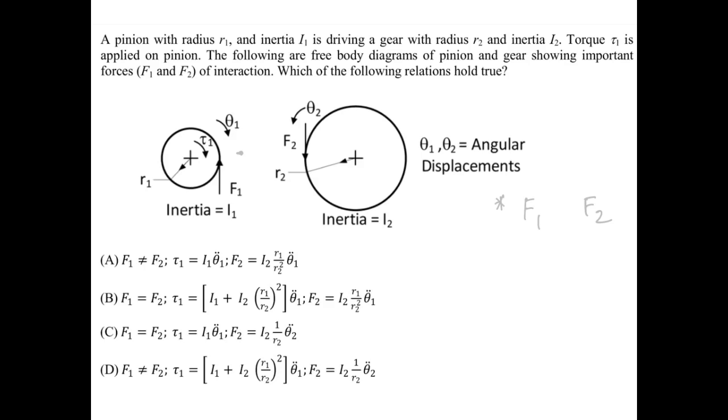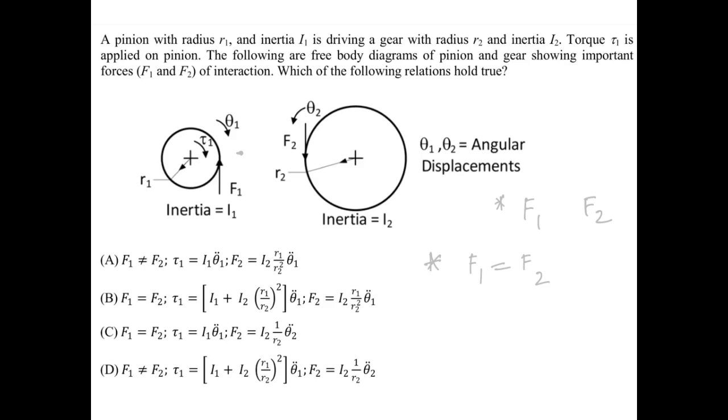Basically these two are the free body diagrams. What you can tell about F1 and F2 is pretty obvious. This comes from Newton's third law. Since these two bodies are in contact, whatever force my pinion applies on the gear, an equivalent opposite force will be felt by the pinion. So F1 should be equal to F2.